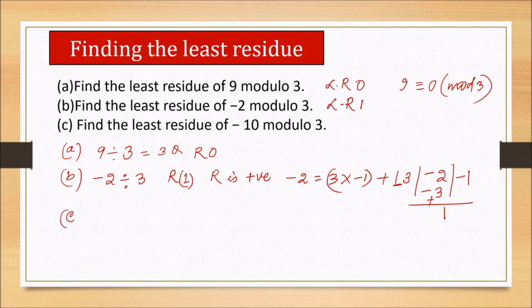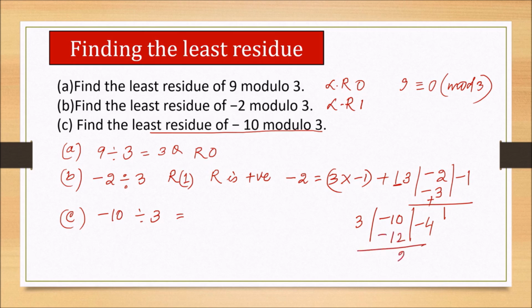Now part C, least residue of negative 10 modulo 3. Negative 10 is divided by 3. So you have to take a multiple of negative. Negative 4 would be lower than needed, so it will be negative 2 higher than that, wait, negative 12 with 2 remaining. If we subtract, 2 is the residue.